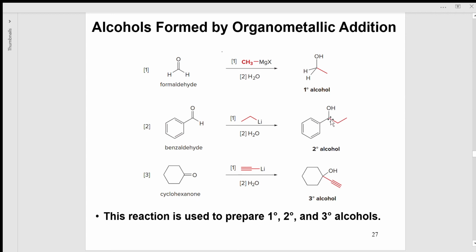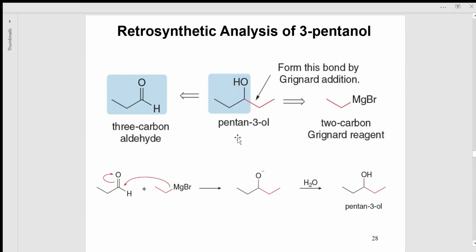We can make a secondary alcohol from left side and right side. So when we analyze the structure, we know we can use a magnesium or lithium reagent for the right side. We can use the left side aldehyde to make a secondary alcohol.